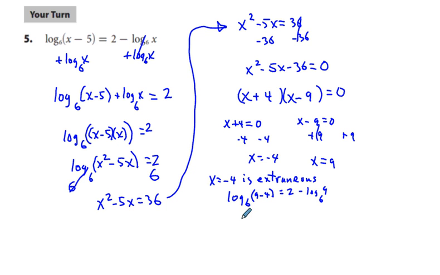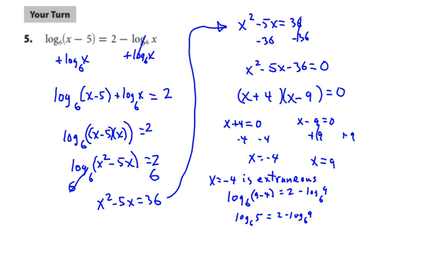On the left side, log base 6 of 5 equals 2 minus log base 6 of 9.